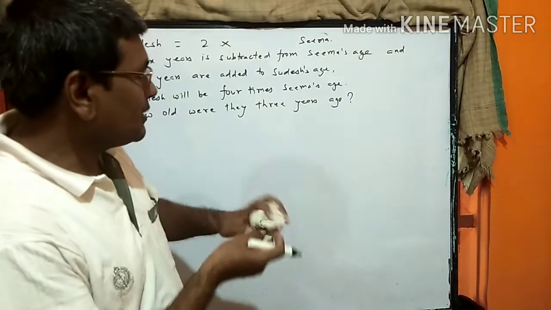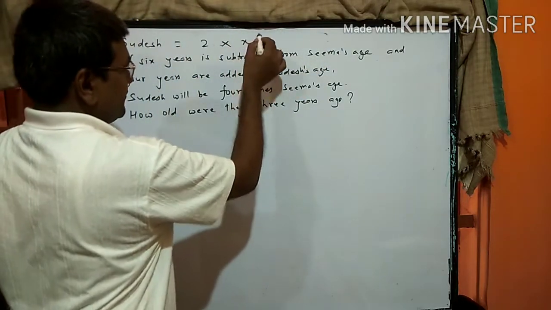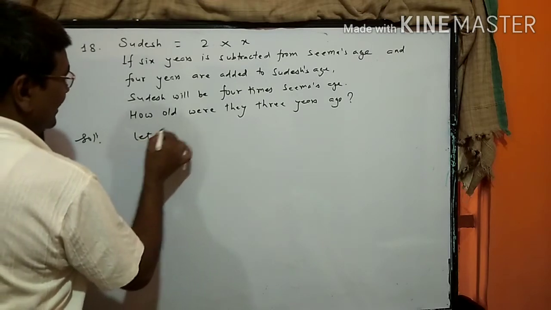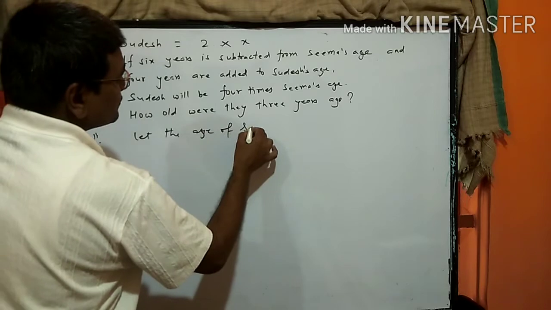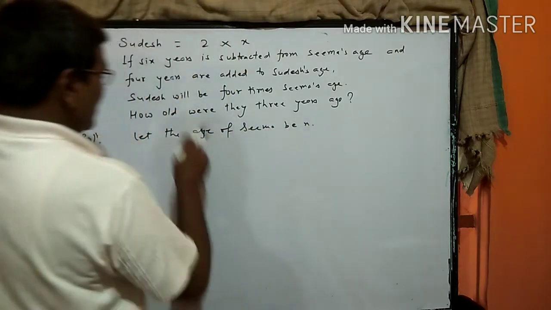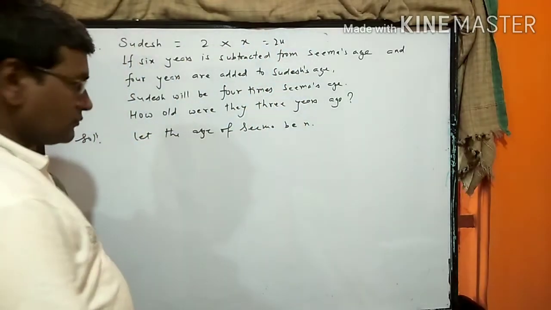So you have to suppose the age of Seema be x. Let the age of Seema be x. Then Sudesh is 2x years old.